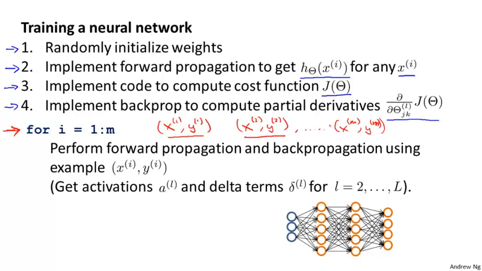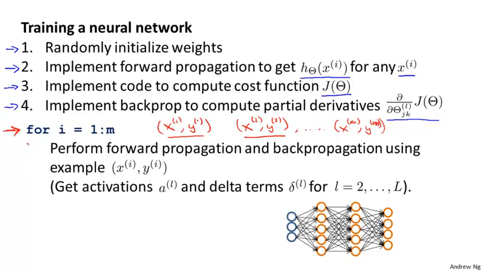So there should be a for loop in your implementation of backprop, at least the first time you're implementing it. And then there are, frankly, somewhat complicated ways to do this without a for loop, but I definitely do not recommend trying that much more complicated version the first time you're trying to implement backprop.